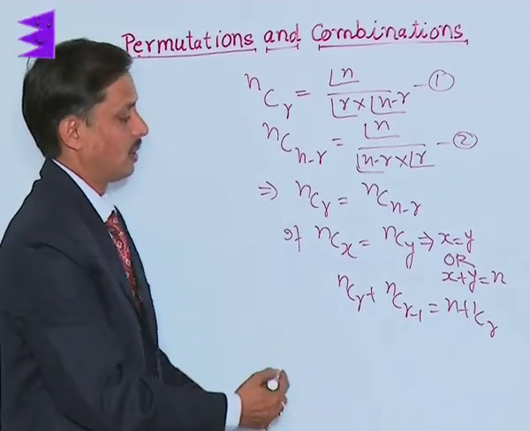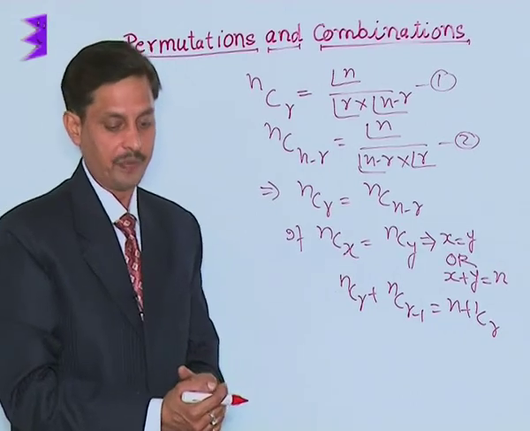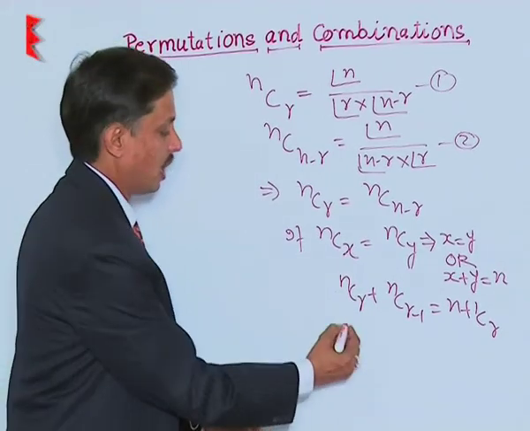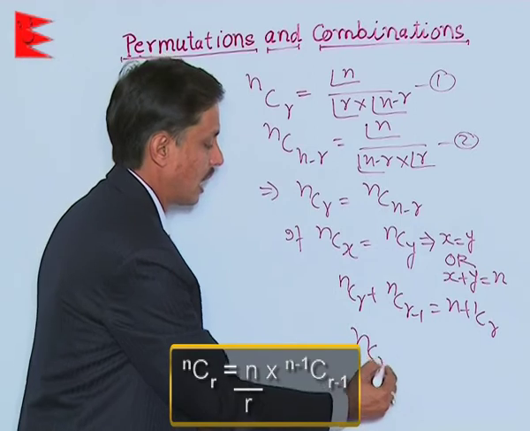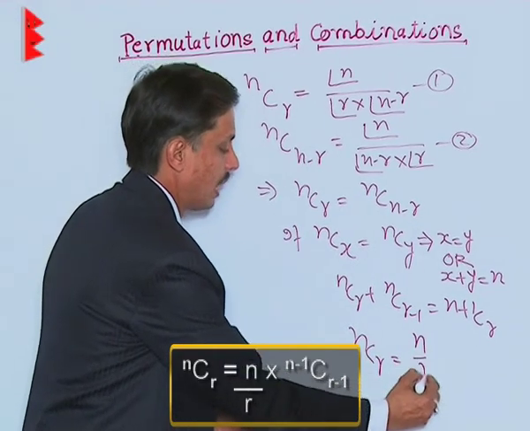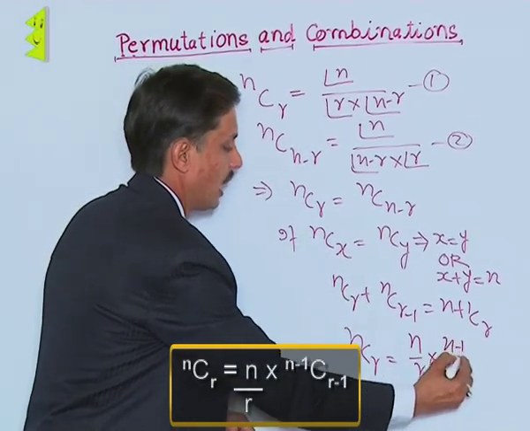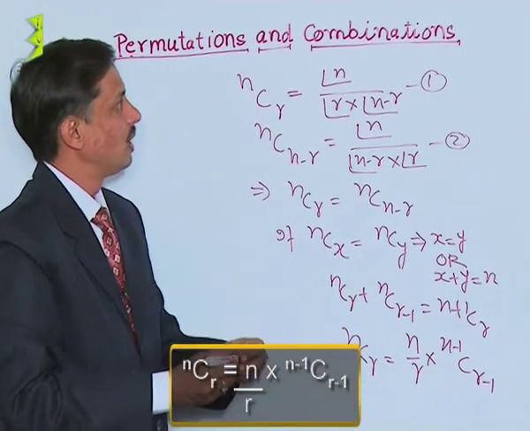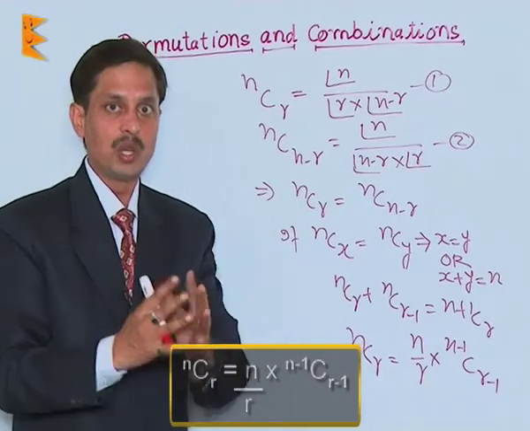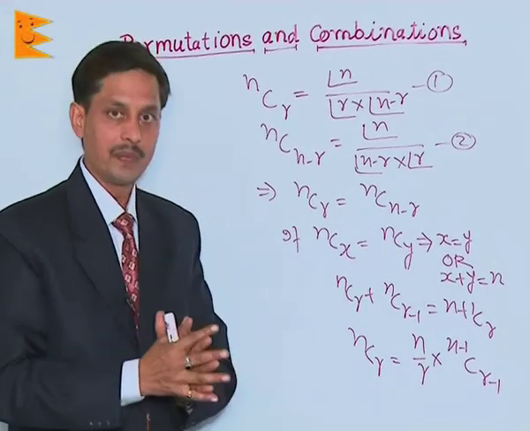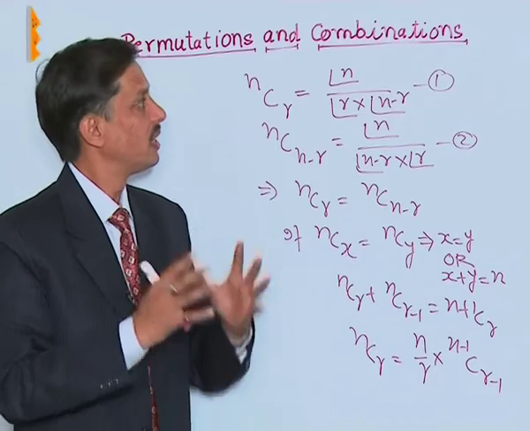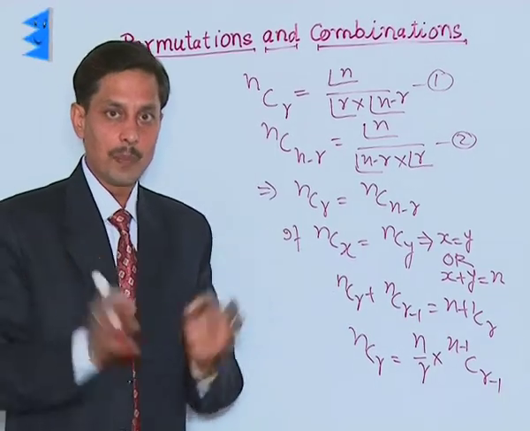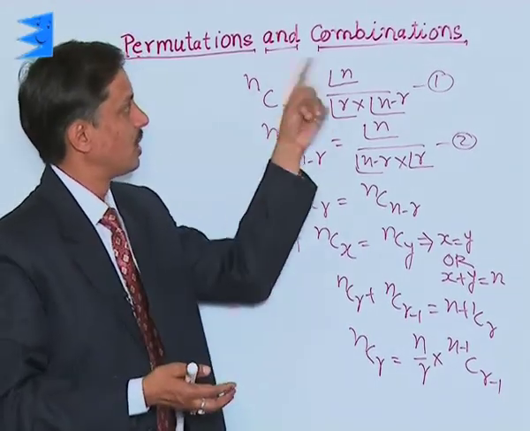Now another result which is definitely required for solving the problems is nCr is also equal to n by r into (n minus 1)C(r minus 1). So when we see that selection is required out of some objects, it means that we are supposed to apply the results of combination.